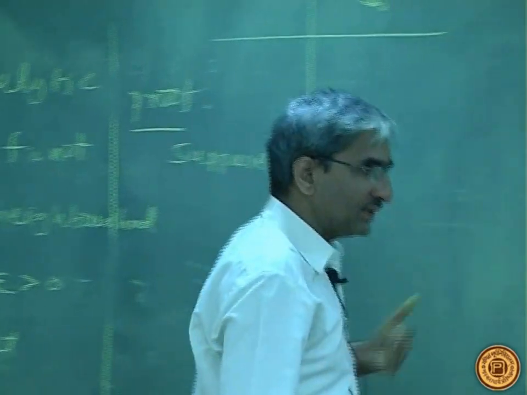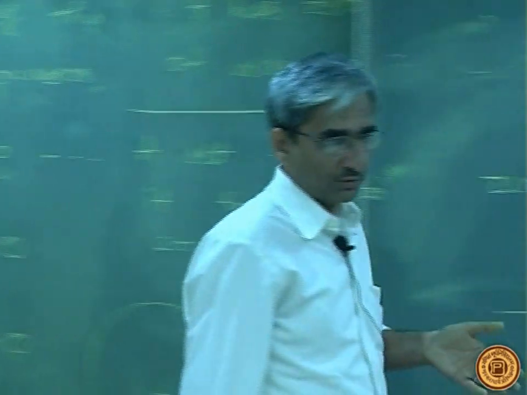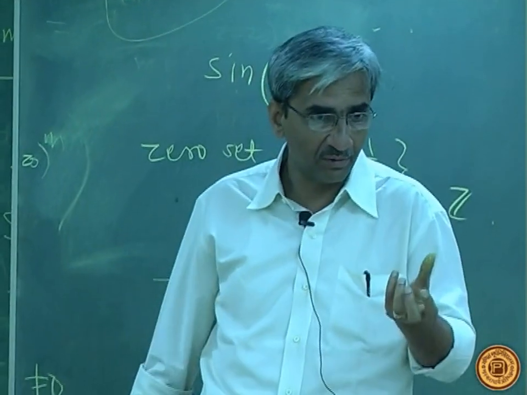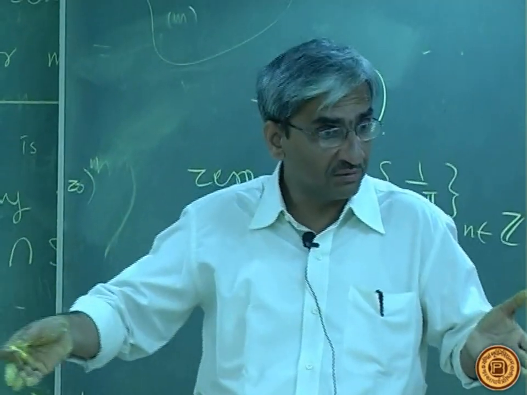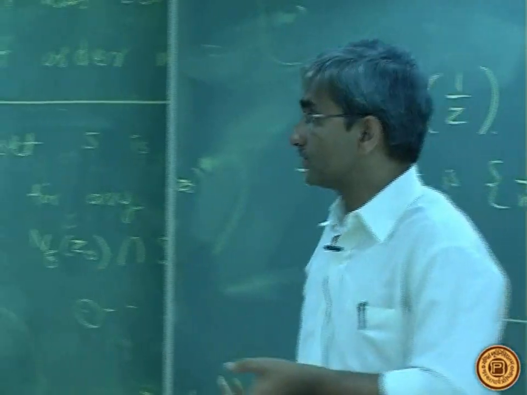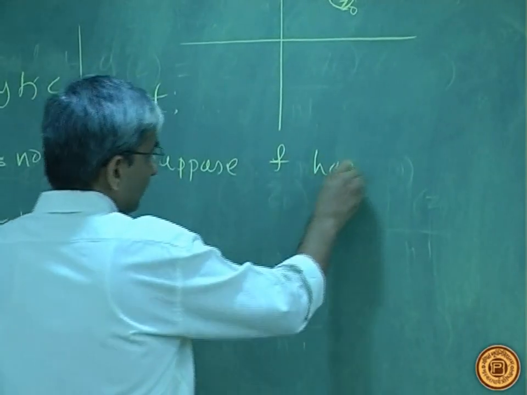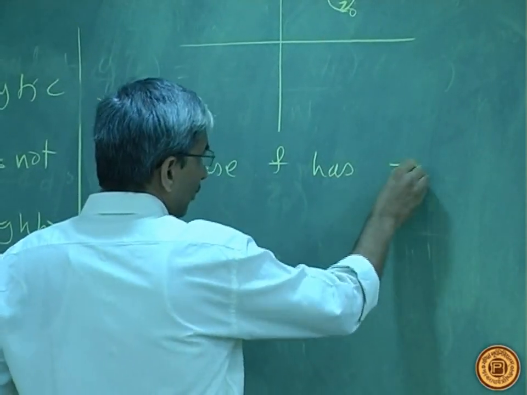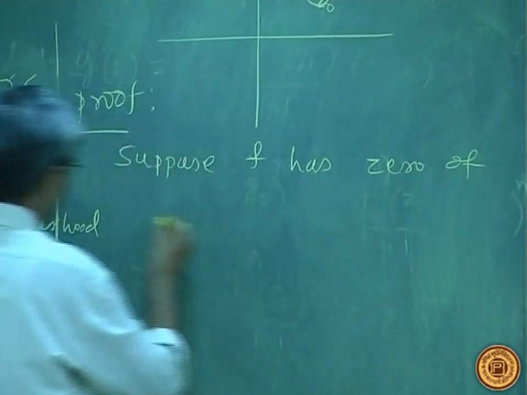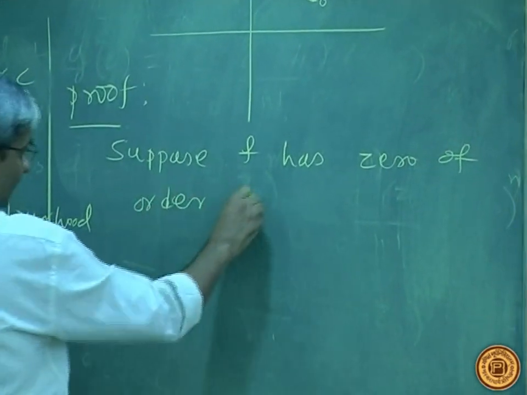It cannot happen that all the derivatives of f are 0, because then f would be identically 0 in some neighborhood, as the Taylor series expansion would become 0. So suppose f has a zero of order m at z naught.